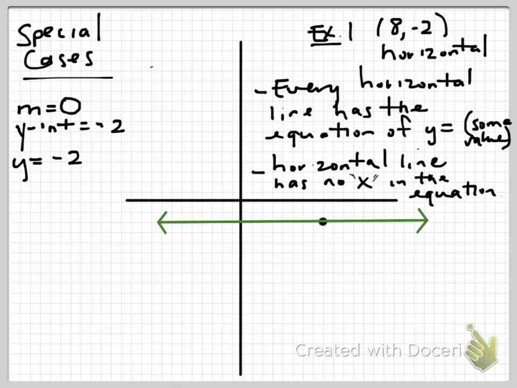When I throw an x value in the equation, what have I created? Not a vertical line. I've created a slope of some sort, right? If the x comes in there, that slope is the number beside the x. Even if I have just an x, it's an understood 1. So if I put an x there, my slope becomes 1. Anytime I throw in that x, I end up with a slope. Now we're going to get to the vertical line in just a second. Okay, any questions about this?